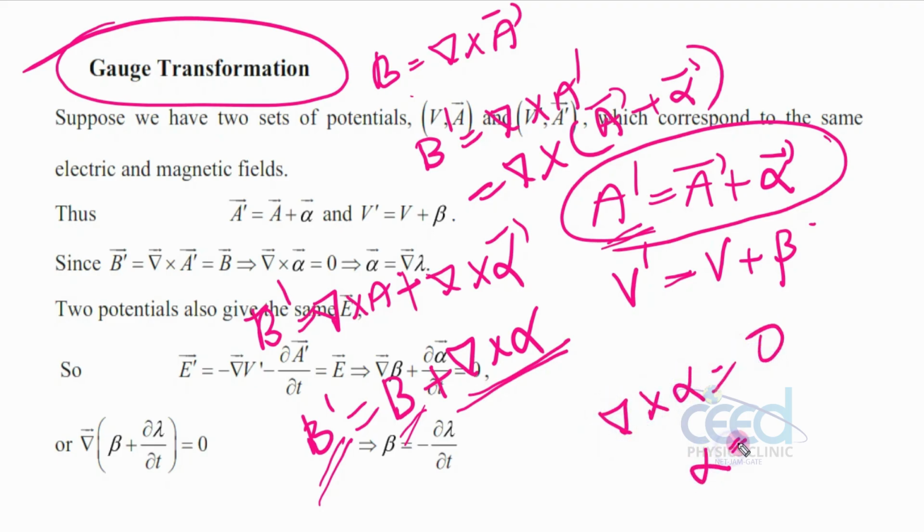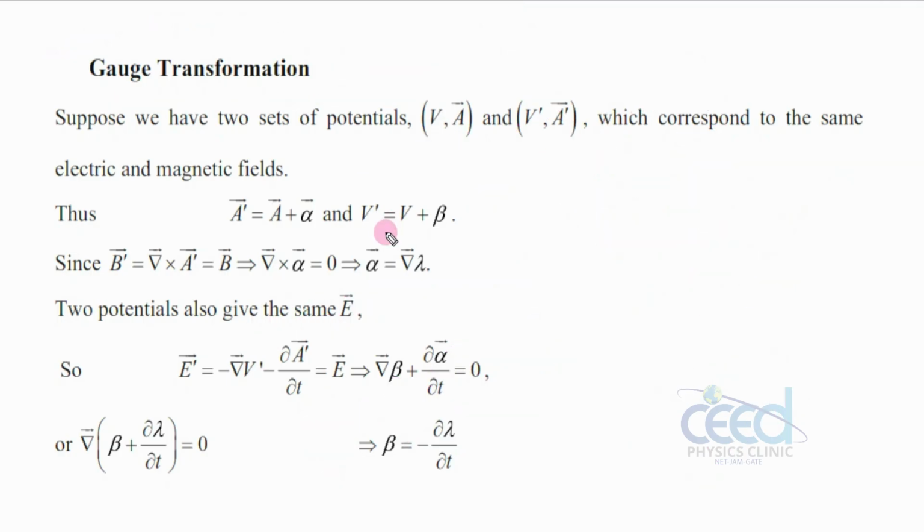Then alpha is equal to the gradient of some function, the gradient of lambda, because the curl of the gradient of a function is 0. So del cross alpha equal to 0 means alpha is the gradient of lambda, right? That is the first condition.